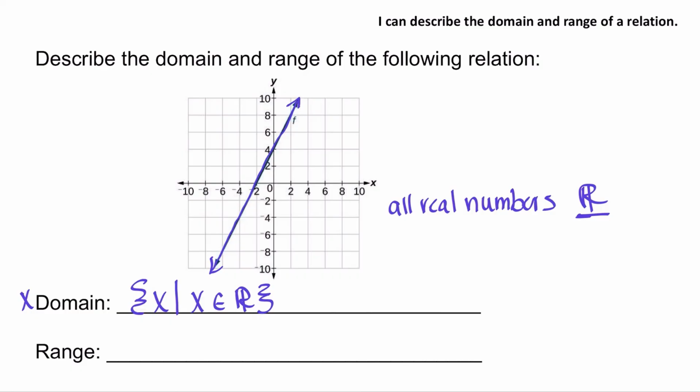The range is going to be y, and once again if we look at y, it's going to include all of these y values. It's going to include every number between -10 and 10, and then it's going to include numbers beyond that. So once again, it's going to be all real numbers. So we say y such that y is an element of the real numbers, or y is a real number. And that is how we write that.